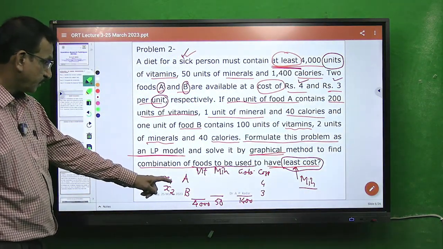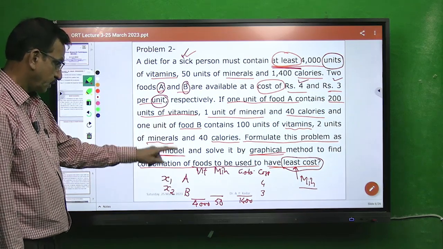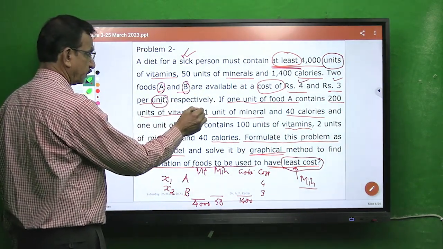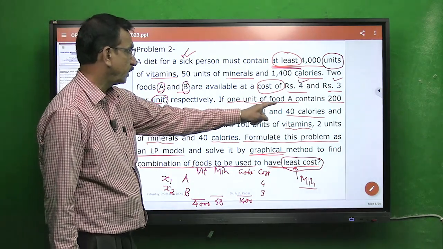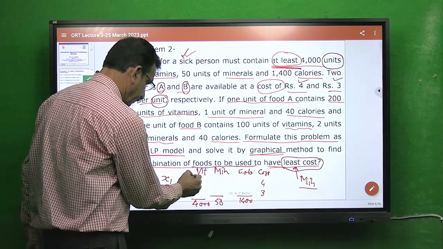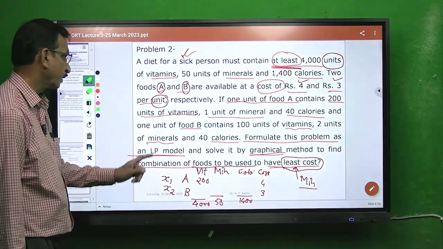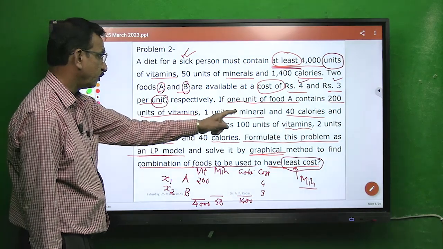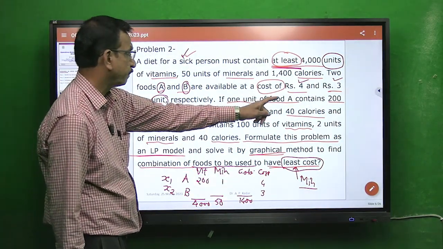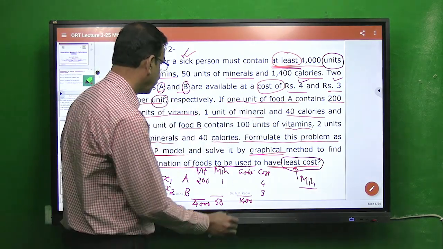Now he has given that this vitamin is also used by both the products A and B. So here he has given 1 unit of food A contains 200 units of vitamin, 1 unit of mineral, and 40 calories.